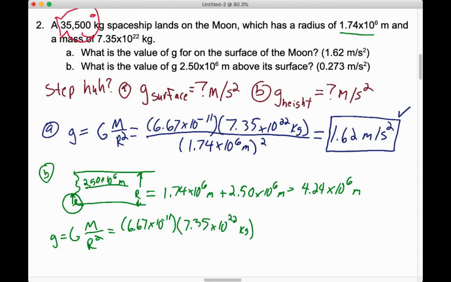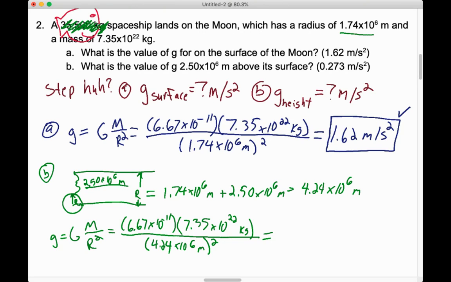And again, we're ignoring this number up here, so I'm just going to cross it out to make it clear that we don't like that number. It's just there to distract you. Still a red herring. Now we're going to divide this by that number we just figured out, 4.24 times 10 to the 6th meters, and just that gets squared.